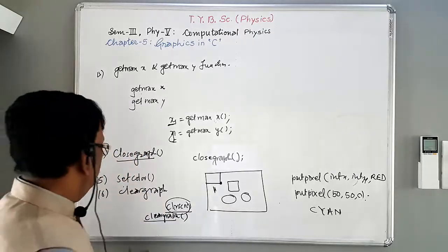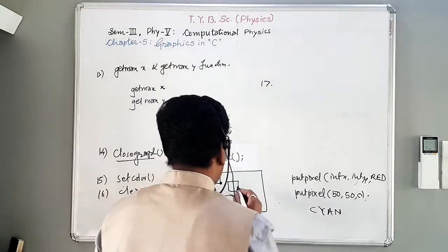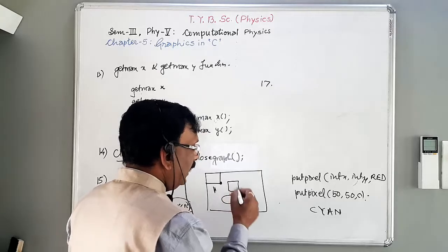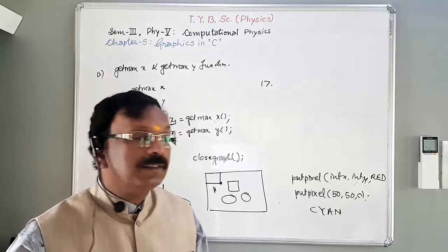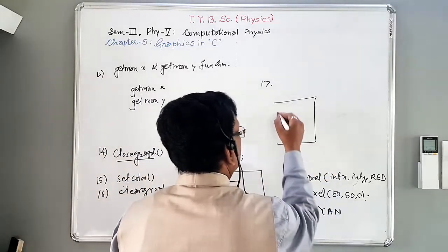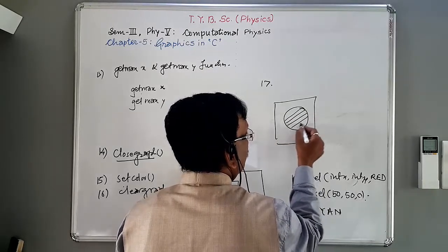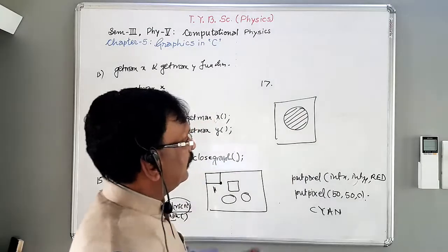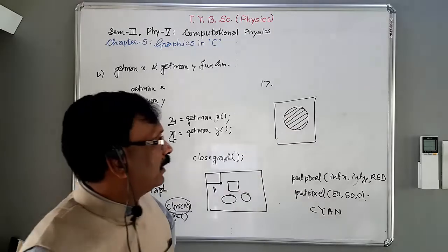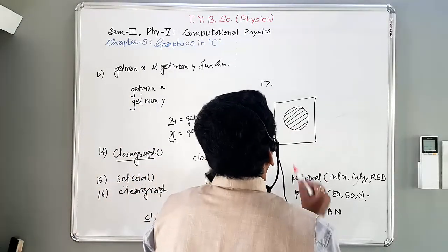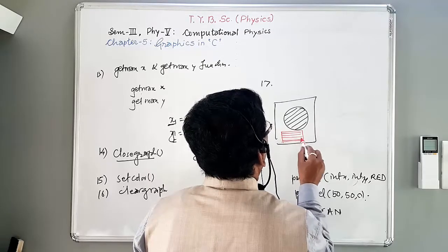Okay. And the last function, function number 17, is filling the image. If you want to fill any image drawn on the computer screen by different color or by different ways. Suppose this is a screen, and on the screen this is a circle, and we want to fill this circle, or suppose this is a rectangle, we have to fill the rectangle.